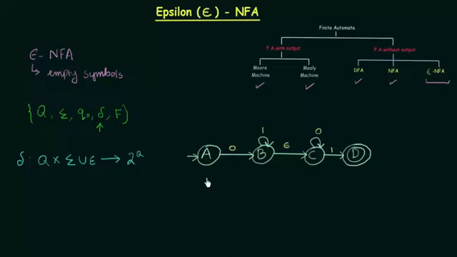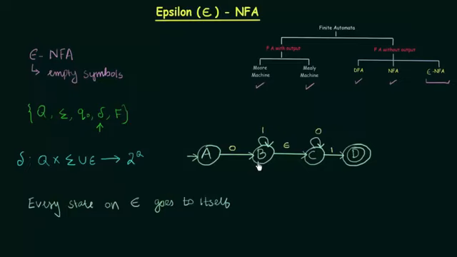One thing that you need to remember is that every state on epsilon goes to itself. Let me write it down here: every state on epsilon goes to itself. What do I mean by this? Here we have not mentioned any epsilon symbol for A, but even if it is not mentioned, you should know that A on getting epsilon goes to A itself.